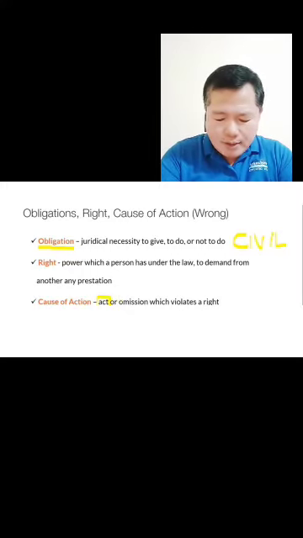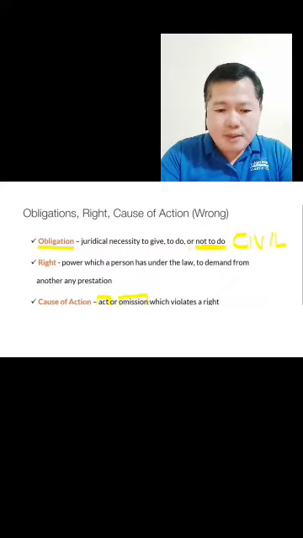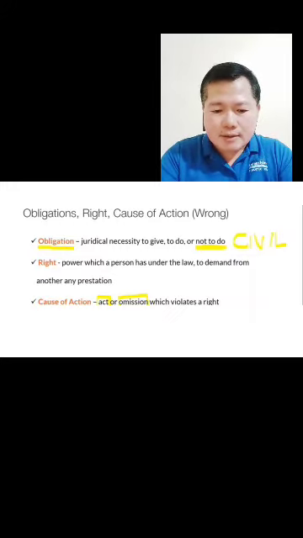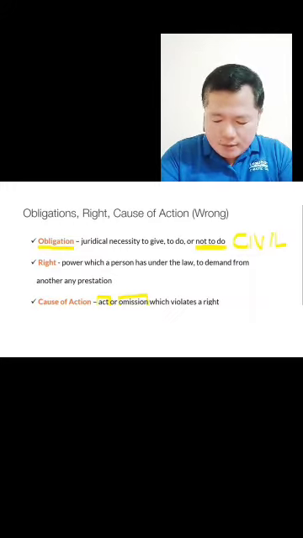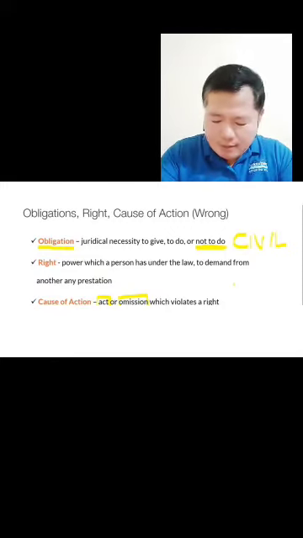While omission naman, this refers to the non-performance of an act which he is bound to do, which resulted in the cause of action. Pag omission, hindi ka pwedeng mag-act pero nag-act ka. So the definition of cause of action refers to an act or omission which violates a right.